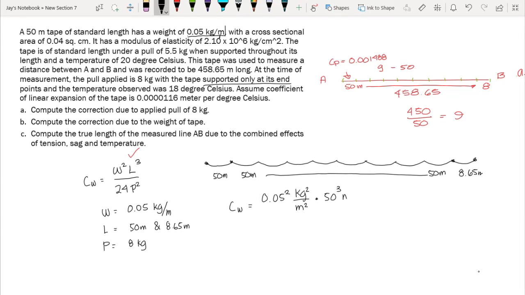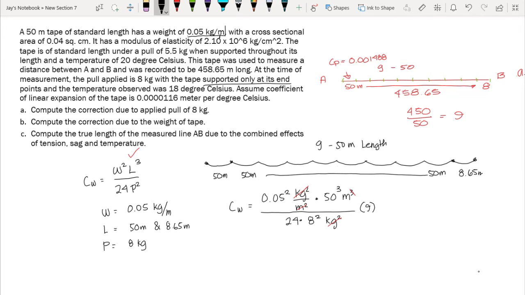Okay, then the unit is in meter cubed, over 24 times the applied pull 8 squared. The unit is in kilogram squared. So we can cancel out kilogram squared and meter squared. The remaining would be in meter. So we have this one. Now take note, we have 9 times 50-meter length.